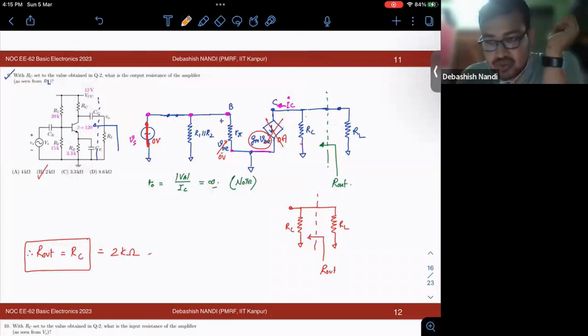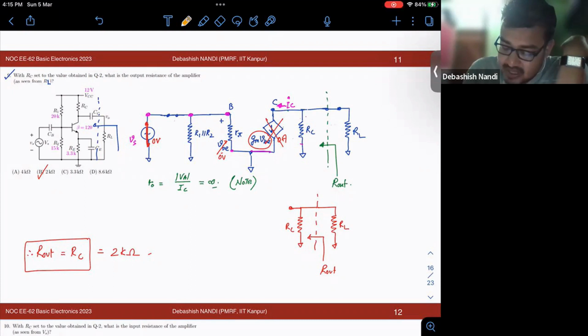First thing to do: output impedance is nothing but calculating the Thevenin resistance, right? To do that, you need to ground the source, or null the independent sources. This you have nulled means this you have short circuited. Then next step, you see the effect of nulling this source.